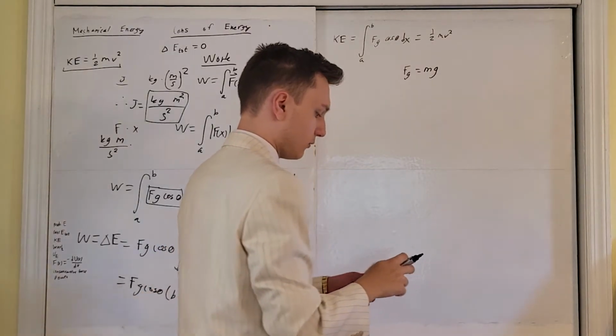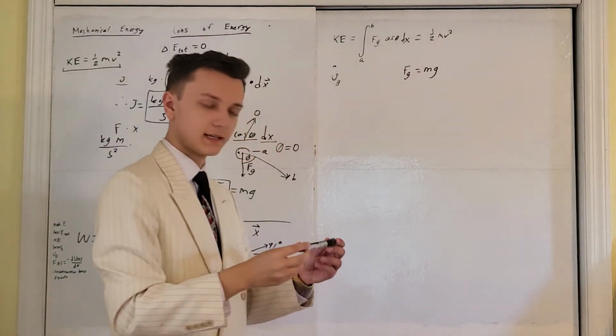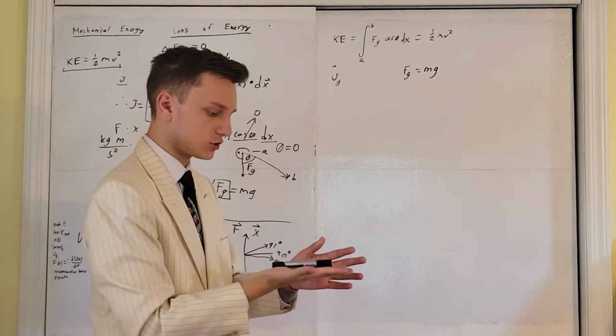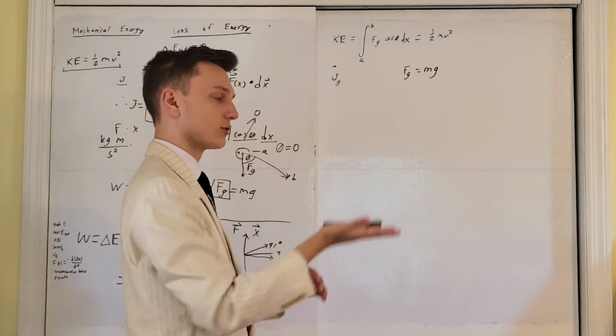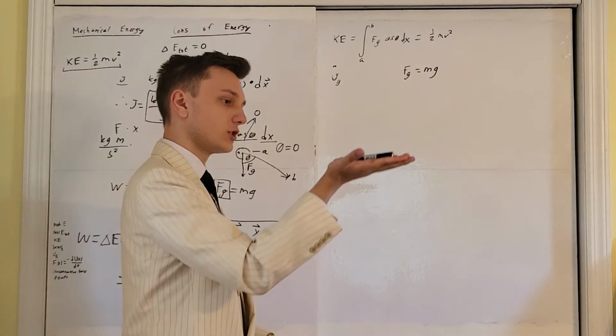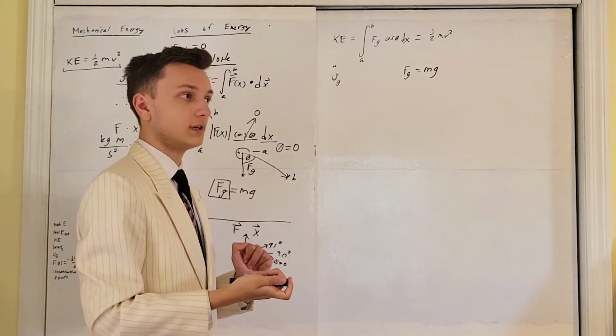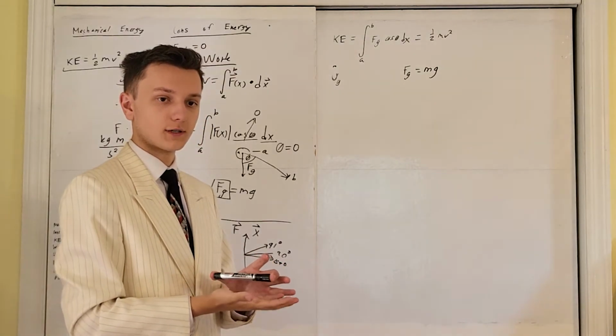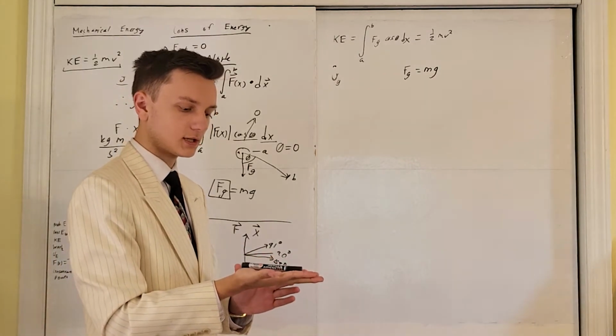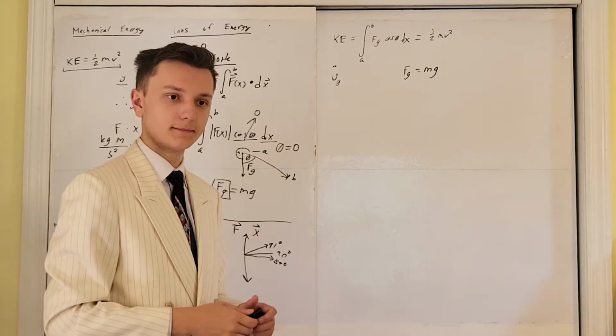If I was trying to take this marker and raise it upward, if I were trying to give gravitational potential energy to the marker, I would need to apply a force that opposes the gravitational force. Okay?